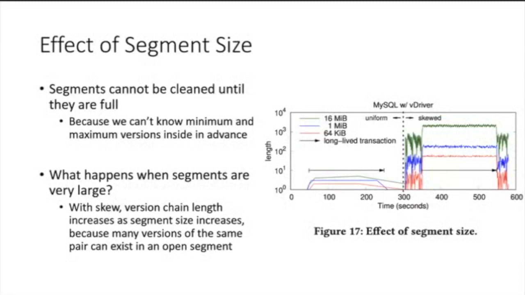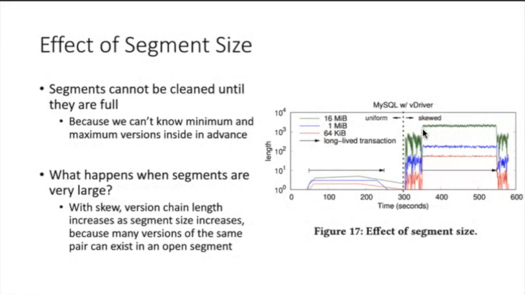So when we have really large segments, for example 16 megabytes here, they can hold a lot more items. But if the workload is skewed, we could have, for example, 1,000 items here.